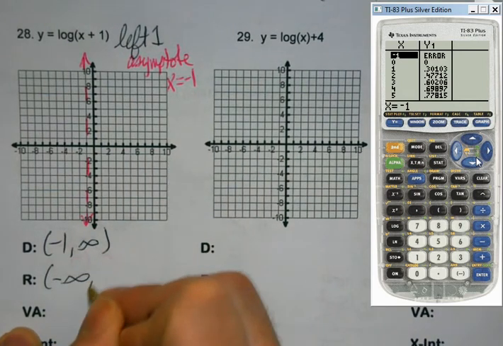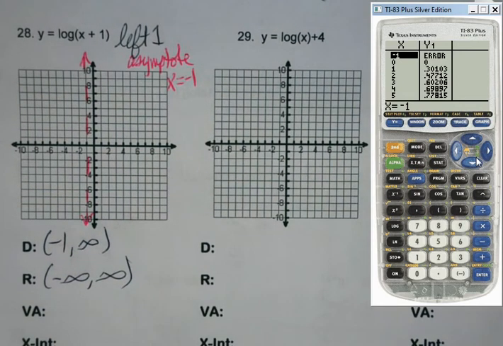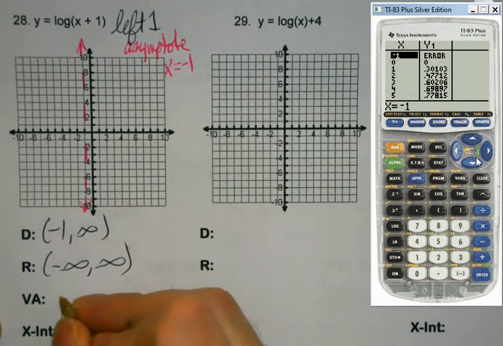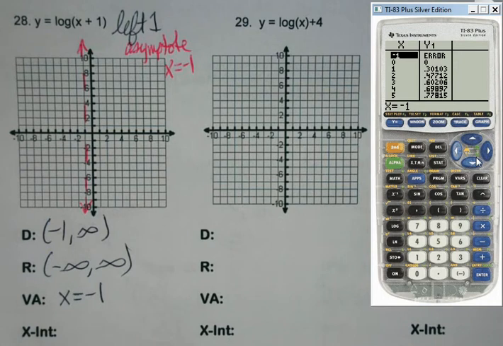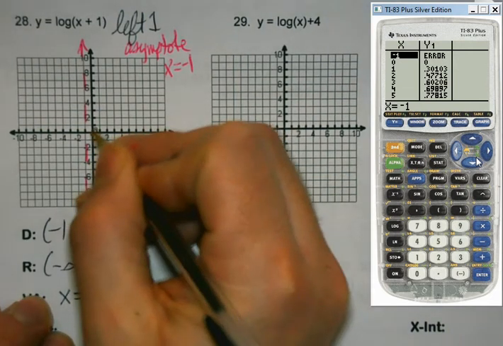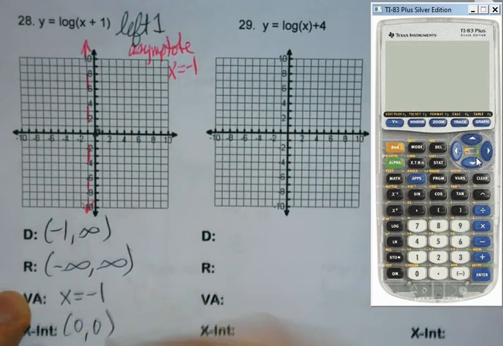My range never changes. So you notice I'm getting all this info. I really wouldn't have even had to look at the graph. My vertical asymptote, my VA, yeah, my vertical asymptote, not my intercept. And in this case, I can easily find my x-intercept. It's at 0, 0.